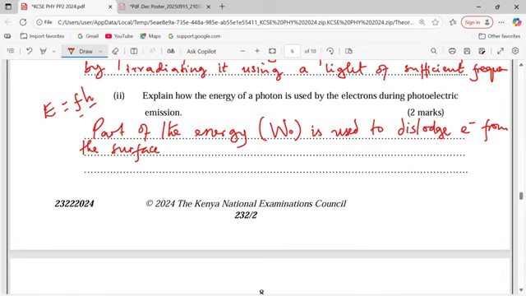They are usually attracted to the nucleus, so energy is used to break the forces of attraction.